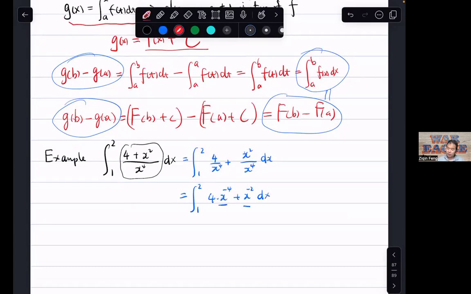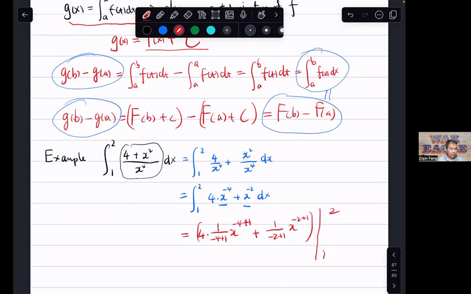We know the antiderivative. So this is 4 times 1 over negative 4 plus 1, x to the negative 4 plus 1, then plus 1 over negative 2 plus 1, x to the negative 2 plus 1. Then you want to plug in 1 and 2.